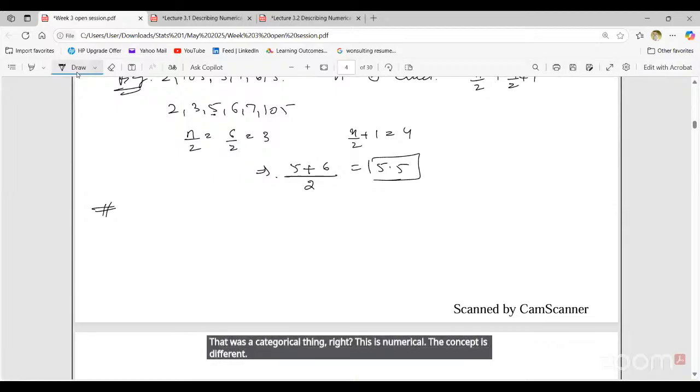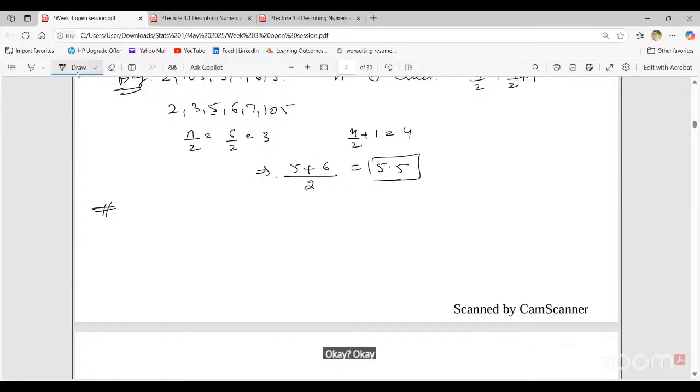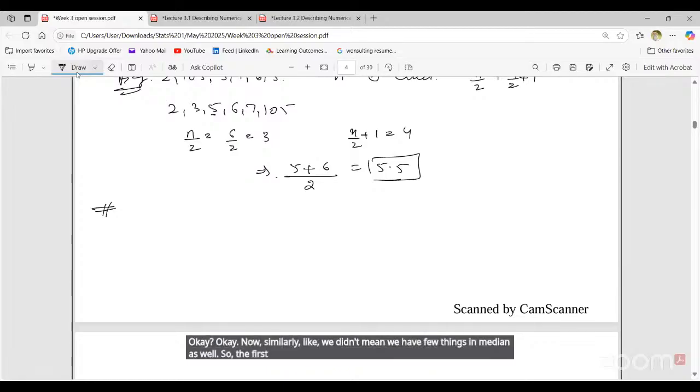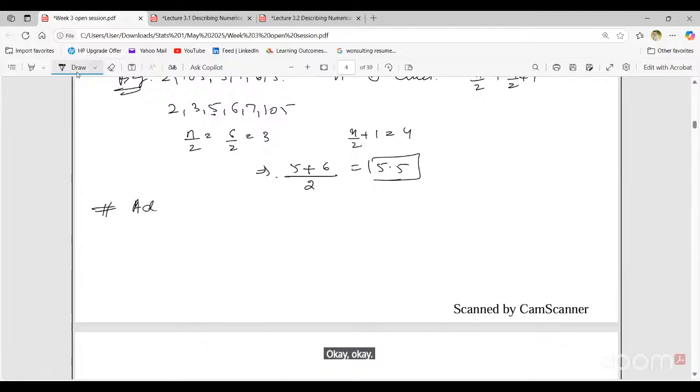Okay. Now, similarly, like we did in mean, we have a few things in median as well. The first thing is, if we are adding a constant, what will happen?